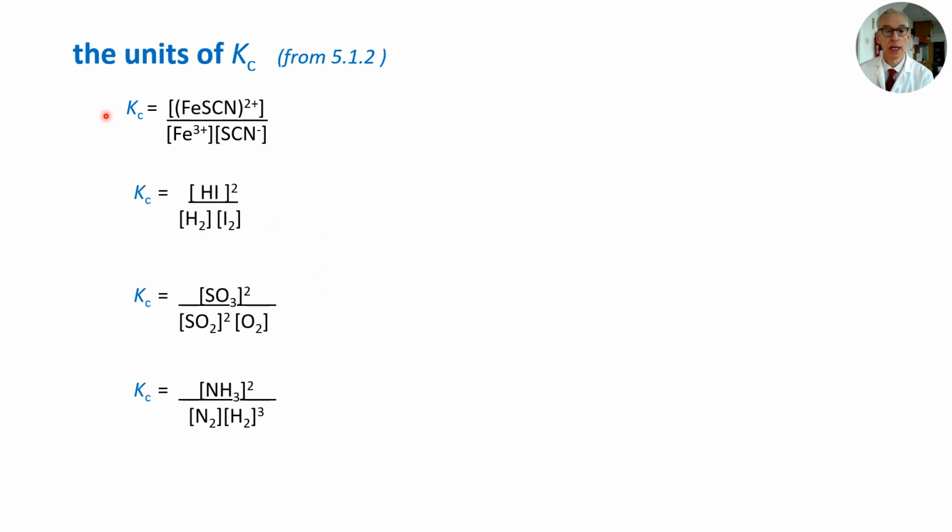So here's my Kc expression for the iron 3 thiocyanate ion with Fe3+ ions and the thiocyanate ion. That's from an equilibrium we met in an earlier lesson. So that's the equilibrium constant expression. How do I work out the units? Well, the units of concentration are moles per decimeter cubed.